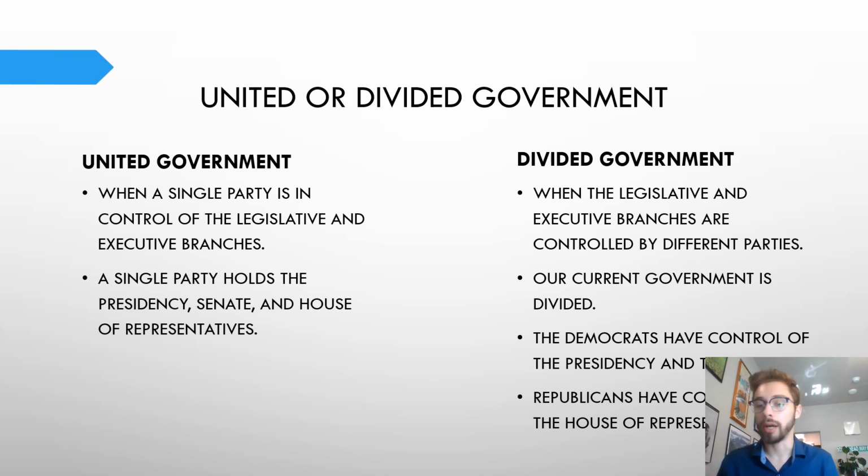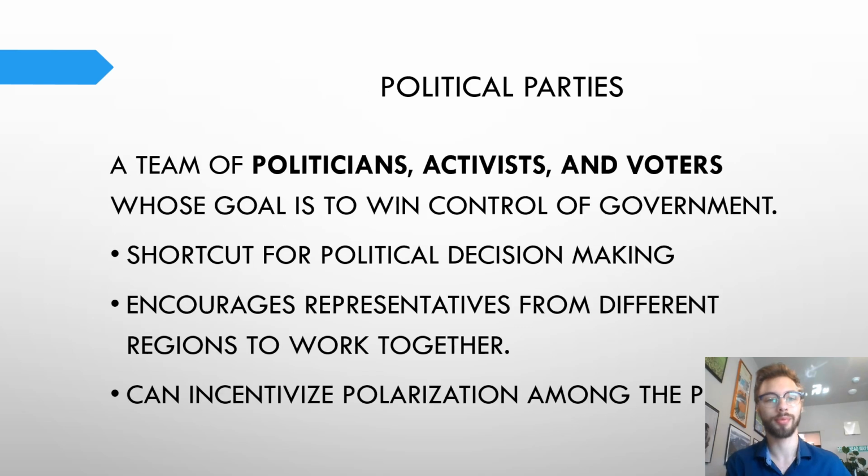So united and divided simply illustrates whether we have one political party at the head of these three bodies, the executive and the two bodies within the legislative, the Senate and the House of Representatives. A very simple concept, but I understand some of you, when you first hear these terms, would think about their ability to work together. But remember, that is bipartisanship. So let's keep going.